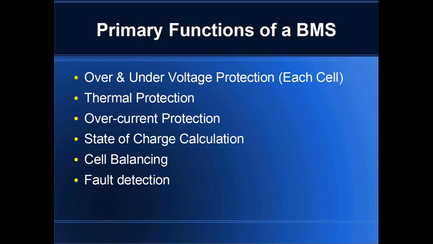They'll usually provide some level of cell balancing, and we'll talk more about that later on, and fault detection, and that would be detecting faults both with the battery pack, if there's a bad cell or something like that, as well as detecting faults with the BMS itself.